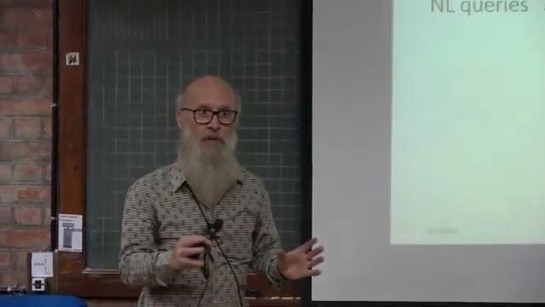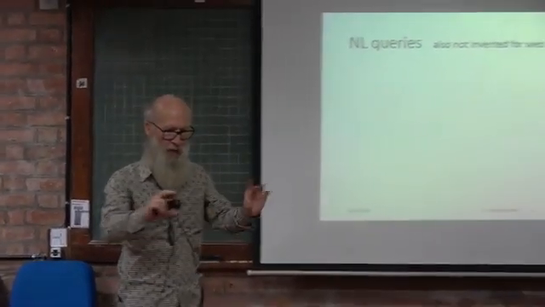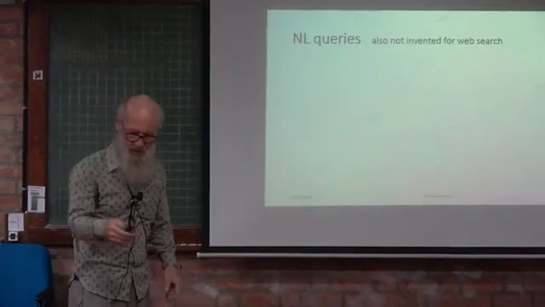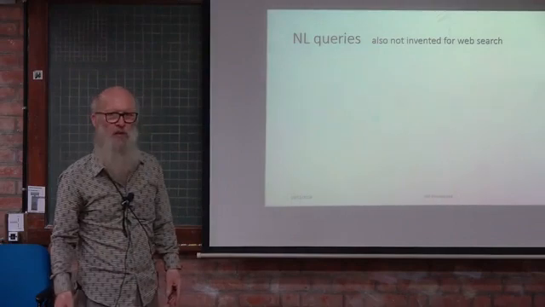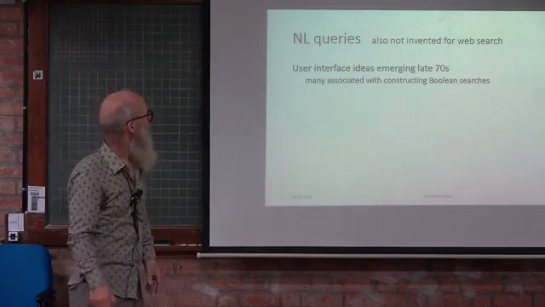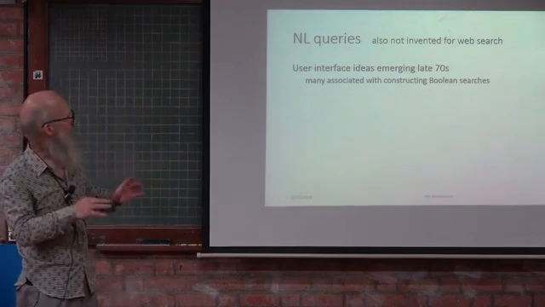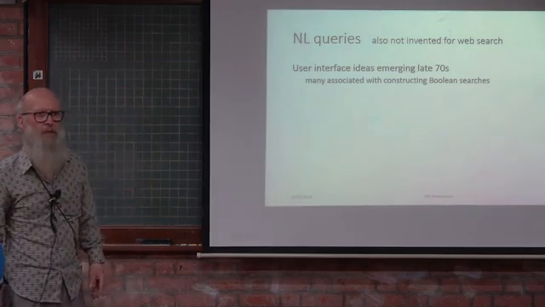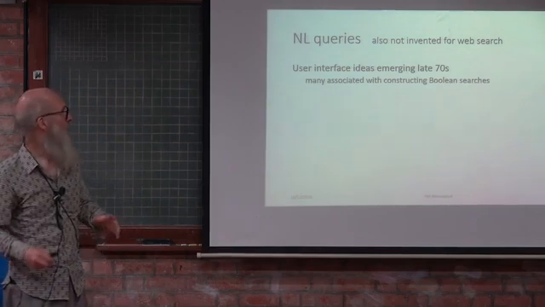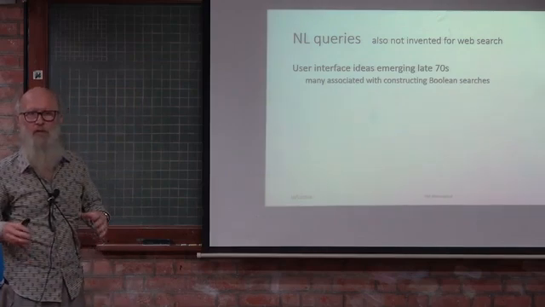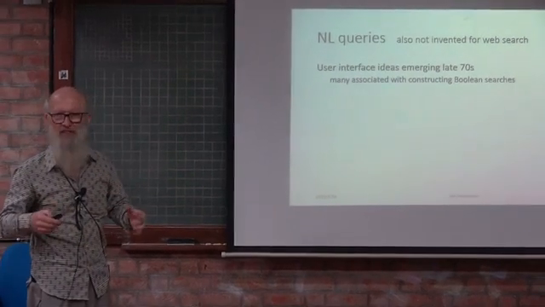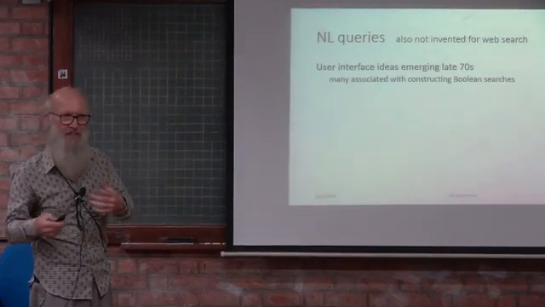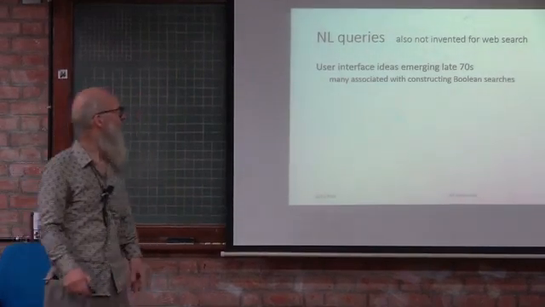Okay, so I talked about AltaVista offering natural language searching in the sense of a query box into which you could type anything. They're also not invented for web search, so they've been around not quite as long as ranking, but for quite a while. In the late 1970s, a lot of information retrieval researchers were thinking about how to make interfaces that users would find easy and rewarding to use.